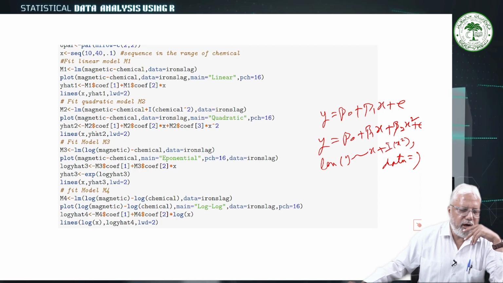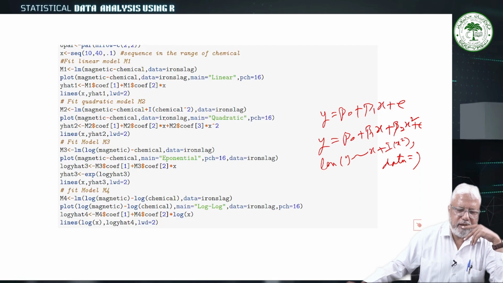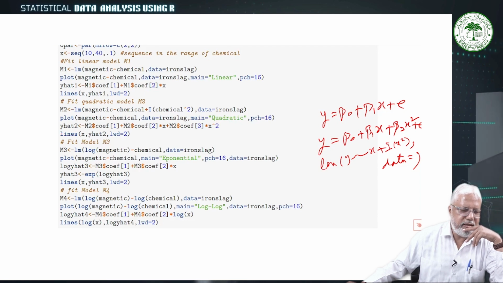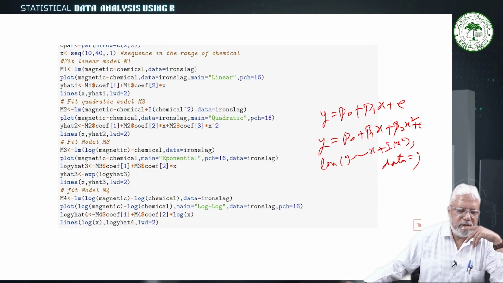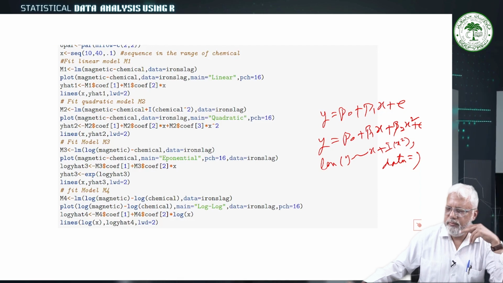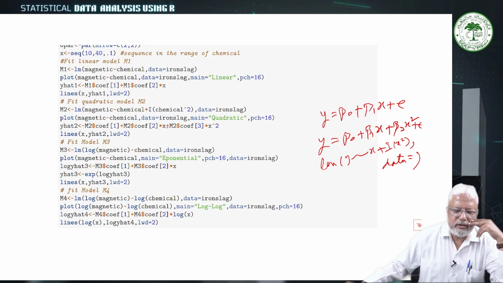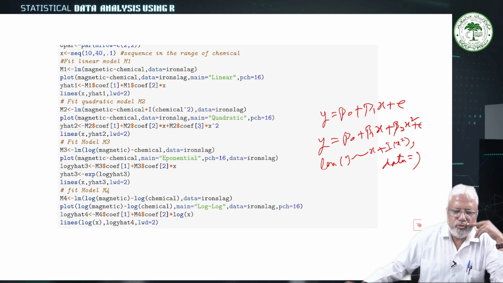Then we will generate a new plot, magnetic versus chemical, data is equal to iron slag, the main title is quadratic fit, plotting character is 16. So y hat 2 is m2 coefficient 1, this is the beta naught, plus m2 coefficient 2, this is beta 1, into x, plus beta 2, that is coefficient 3, into x square.